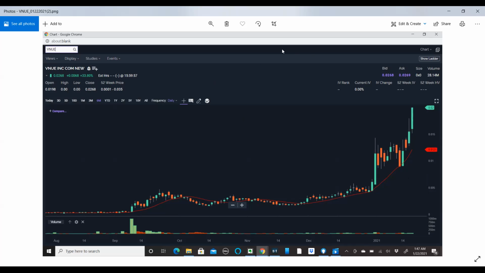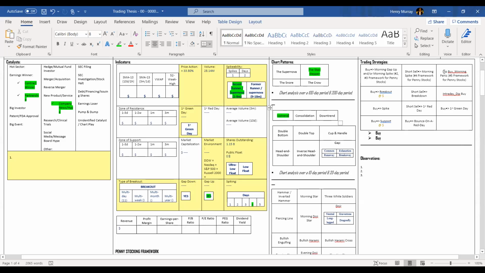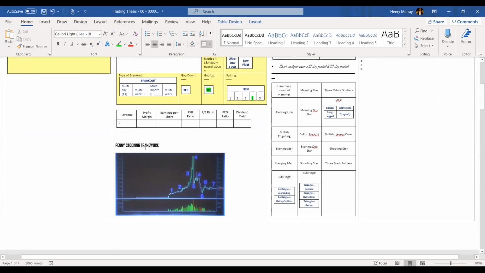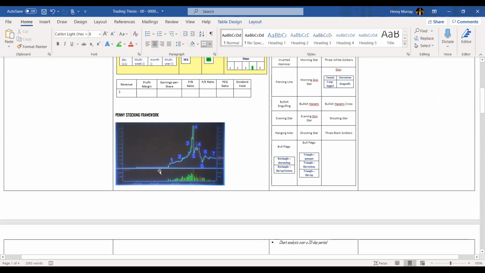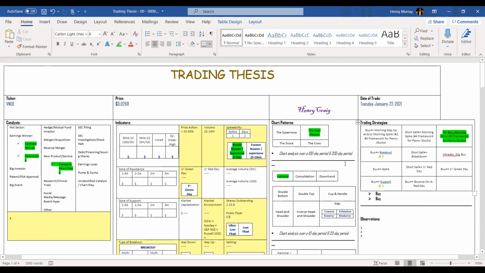So let's go back to the template and select dip buy morning panic. And according to Timothy Sykes, this is number 5 in the penny stock framework. And on our next video, we'll dive into what the penny stock framework is. What it does is identify different stages in a pattern that gives you different trading opportunities using these different trading strategies.